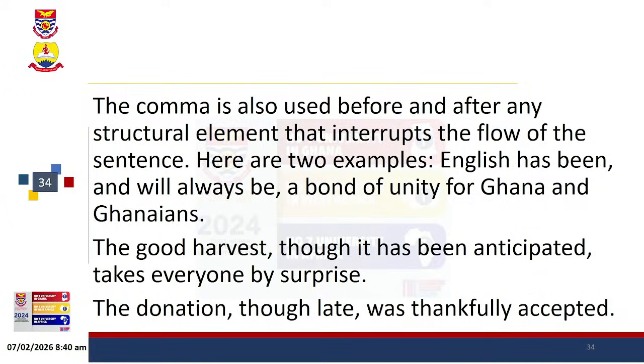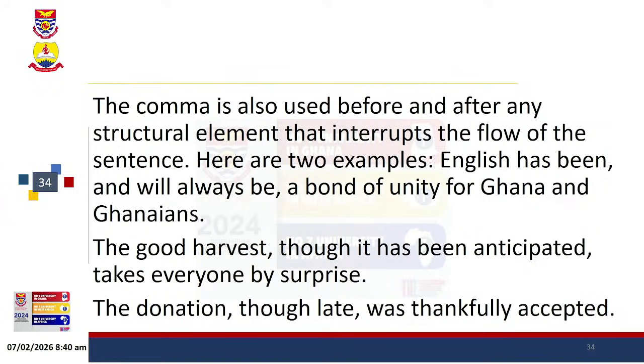Another example, the good harvest, though it has been anticipated, takes everyone by surprise. Technically, the sentence reads, the good harvest takes everyone by surprise. But we need to interrupt the flow of this sentence by adding some afterthought. Sometimes we call it an afterthought, though it has been anticipated. Okay, good.